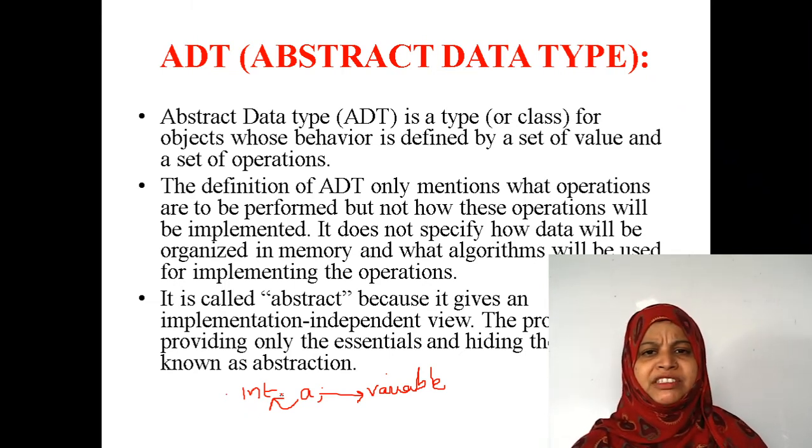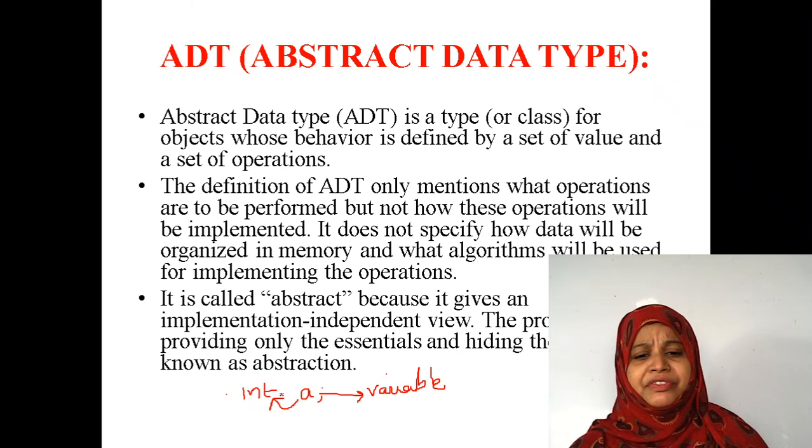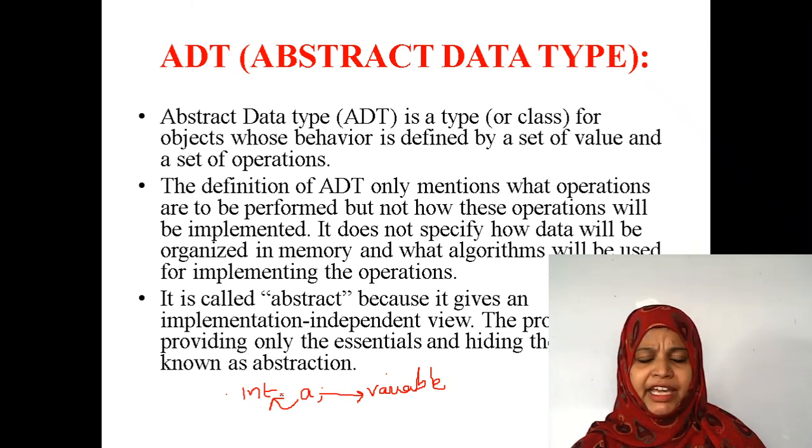In the same way, whenever we declare a as an abstract data type, the user doesn't know how the memory is going to be organized, how the memory is going to be allocated to that particular variable a.